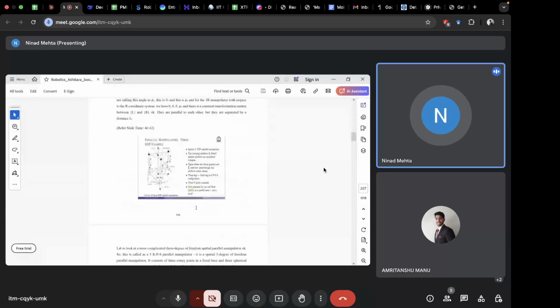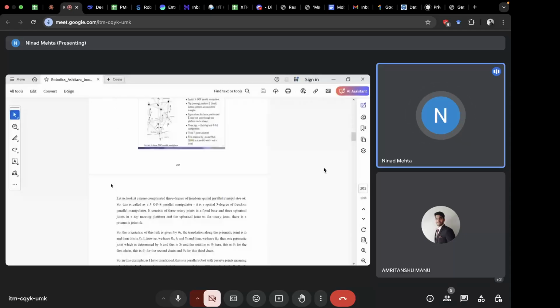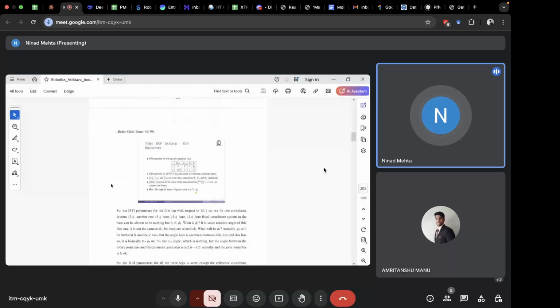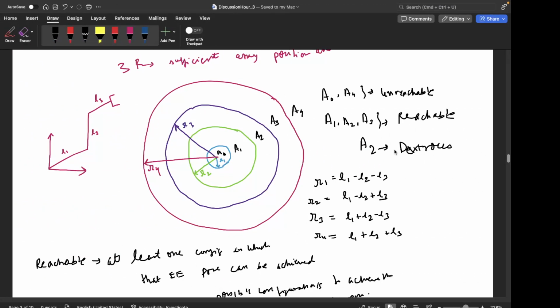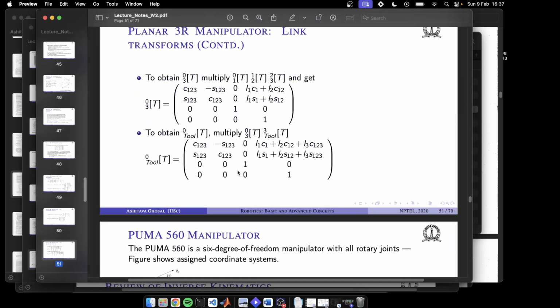I had a doubt with respect to the DH parameters of this 3D parallel manipulator. My question was with respect to how the angle theta 1 was derived, and why is alpha i minus 1 equal to minus pi by 2?